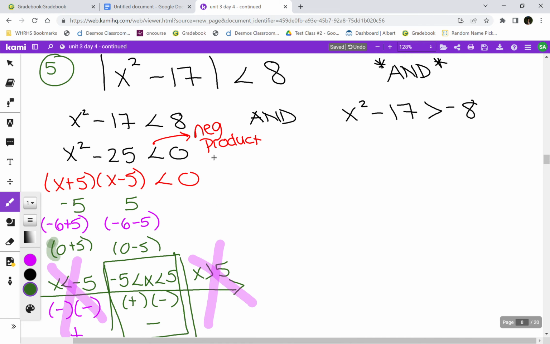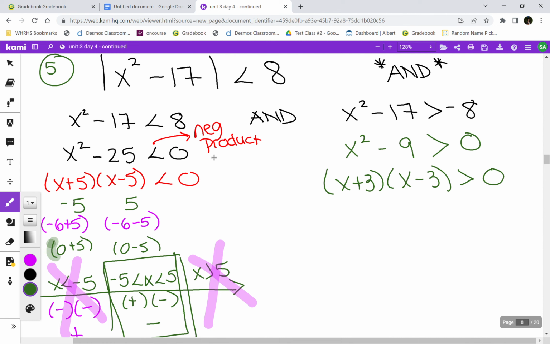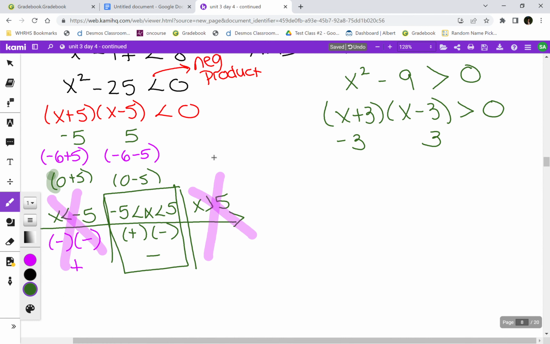So now we're going to bring that negative 8 over. So we're x squared minus 9 is greater than 0. Factor x plus 3, x minus 3 is greater than 0. Our reference numbers, negative 3 and positive 3. Let's test our regions. X is less than negative 3.